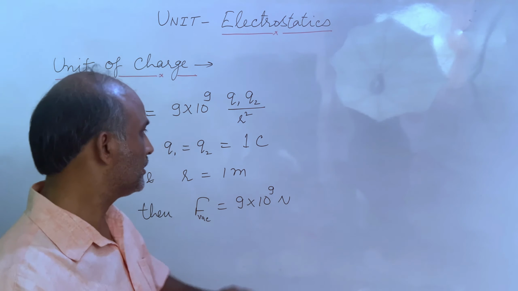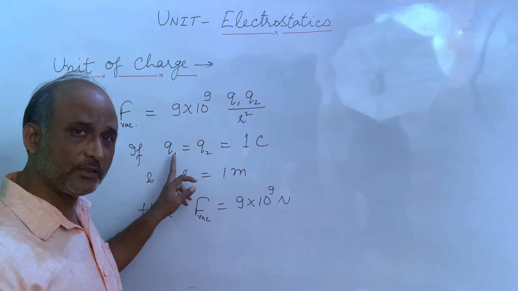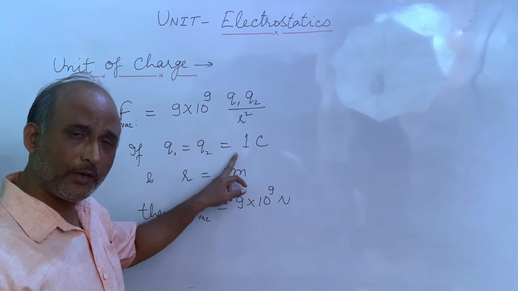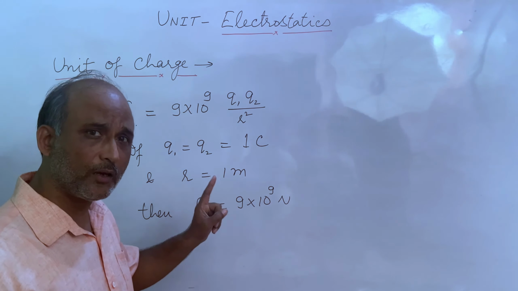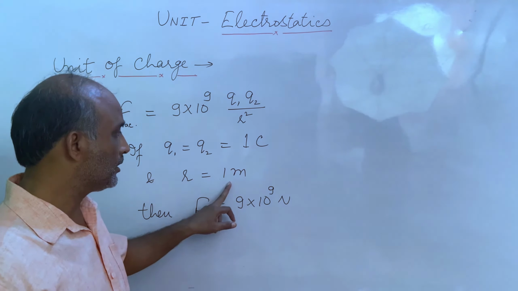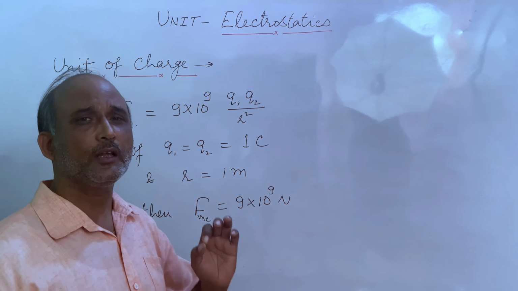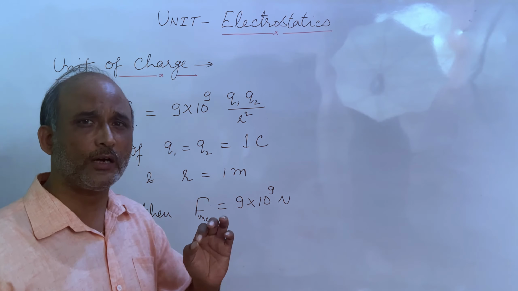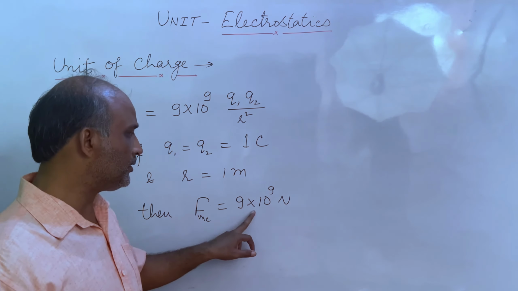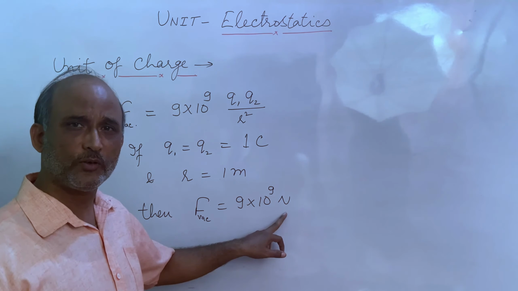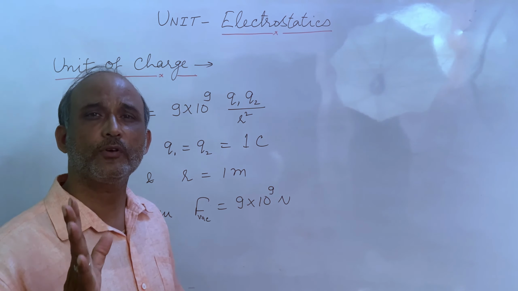When two charges equal in magnitude are placed in air or vacuum 1 meter apart and experience a force of attraction or repulsion of 9 into 10 raised to power 9 Newton, then each charge will be of 1 coulomb.